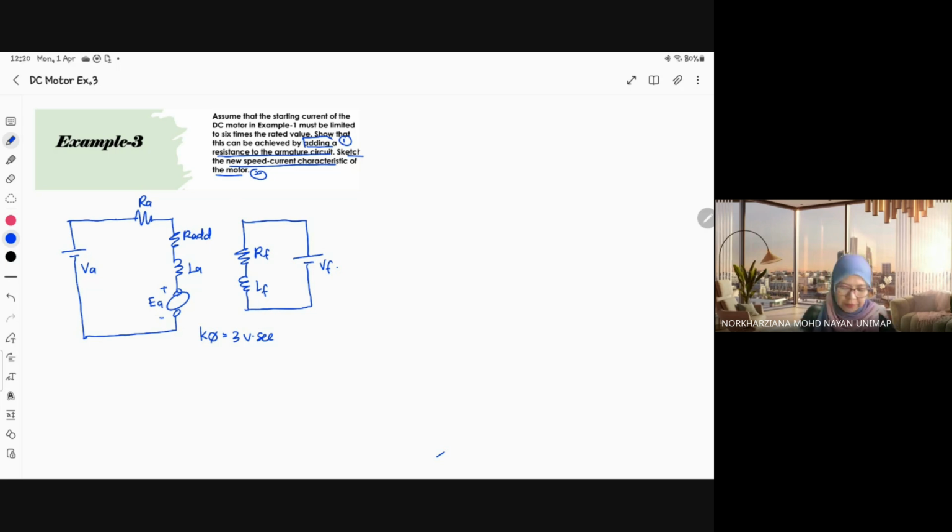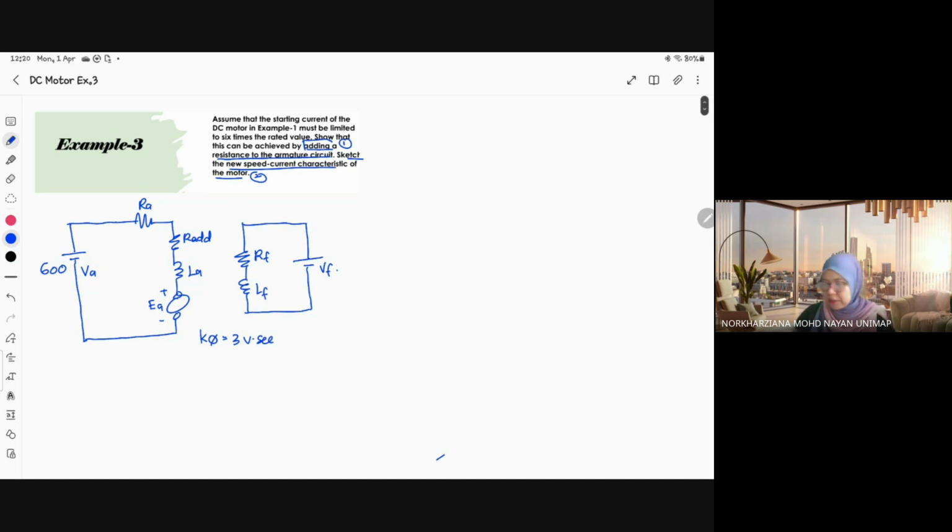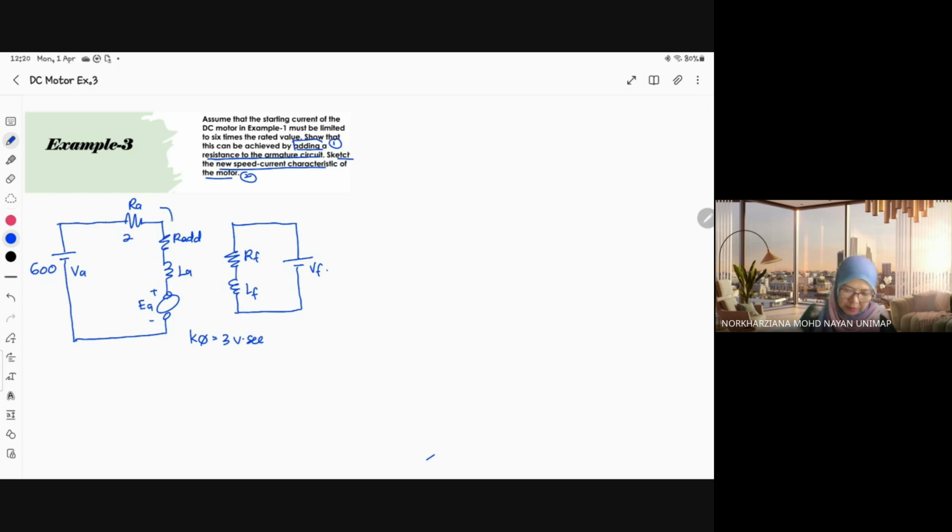And then your VT 600. Okay, tak kacau VT lah. But we add another component with additional resistance. And then your RA is 2 ohm. IA rated is 5 ampere. And then, okay, itu saja.